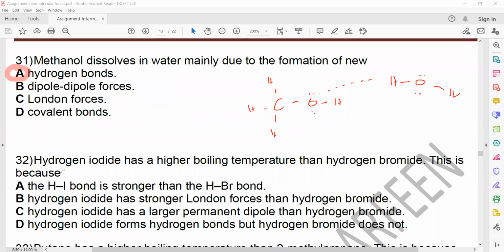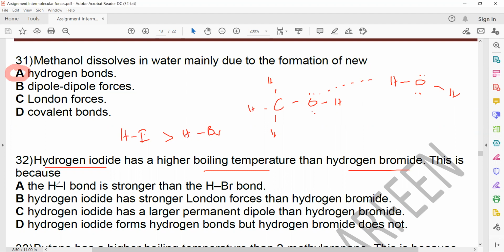In question 32, hydrogen iodide has a higher boiling temperature than hydrogen bromide. They mentioned it has a higher boiling point. So they have dipole forces and dipole induced dipole forces, and these increase as the number of electrons increases.